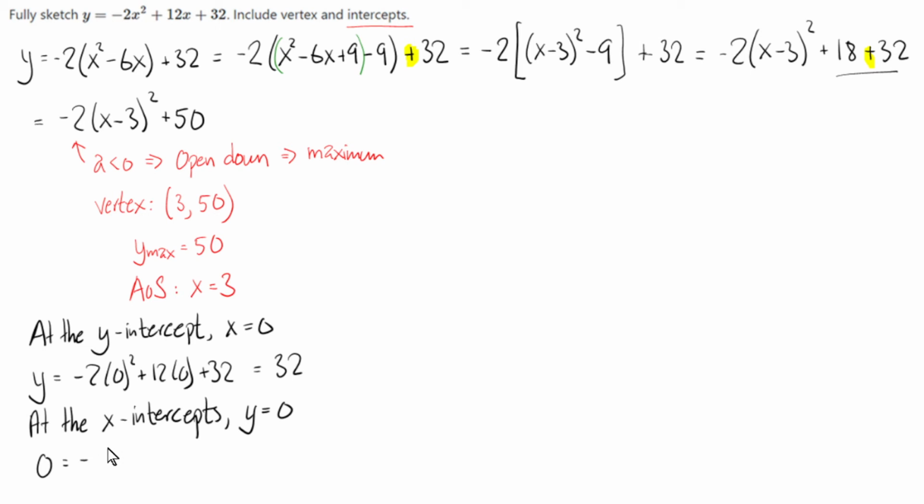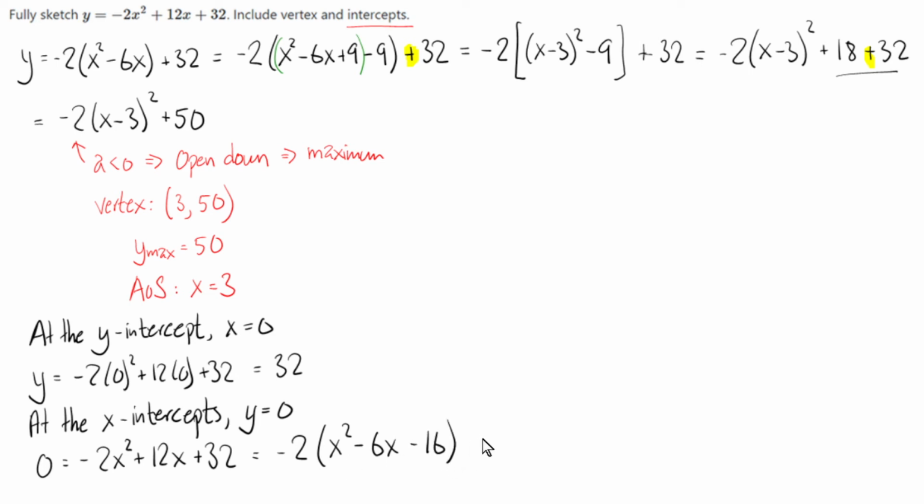And we have negative 2x squared plus 12x plus 32. Now we have to solve this quadratic equation for x. We can solve it by factoring. We can factor out the GCF, negative 2, which leaves us with x squared minus 6x minus 16.